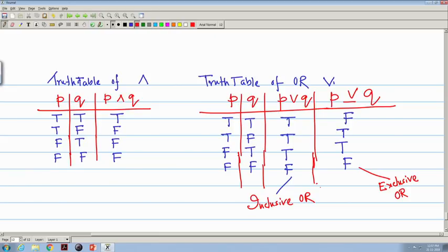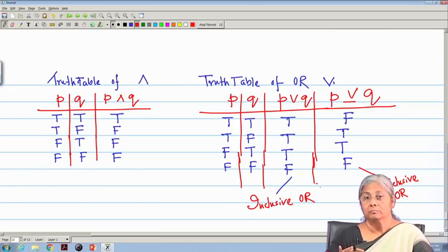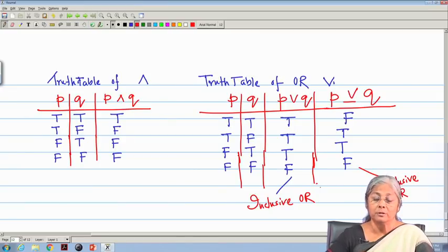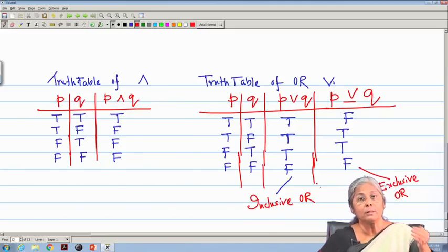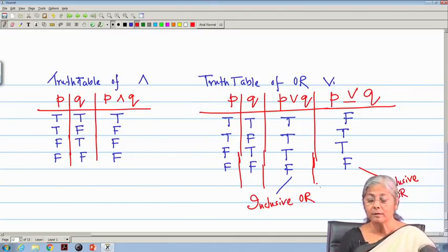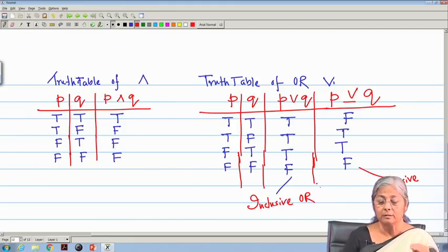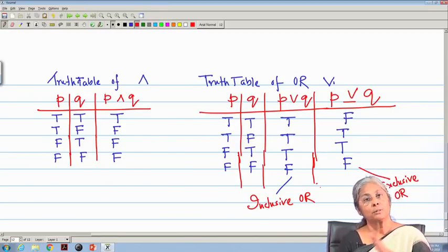The truth table is very important for propositional logic, because it gives the truth values of a complex proposition for all the truth values of the basic or primitive propositions. So, what have we read? We read 3 operations. One is the unary operation, the negation, and its truth table.